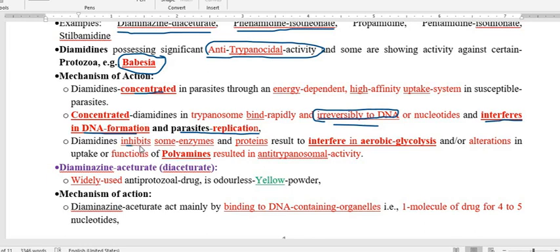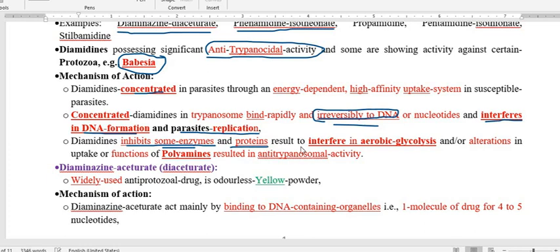In addition, as we earlier discussed, the majority of anti-protozoal drugs target the energy system of the parasites or protozoa.